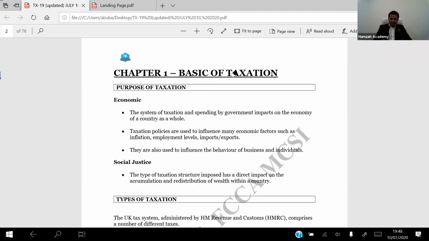So the second factor is social justice. Now, social justice is also a very hot topic. Why? Because people tend to believe, and this is kind of a reality also, that there is a social injustice in the world. Somebody who is actually poor will become more poor in the future, and somebody who is actually rich today will become more rich in the future.